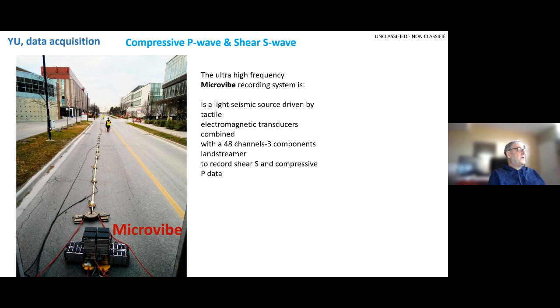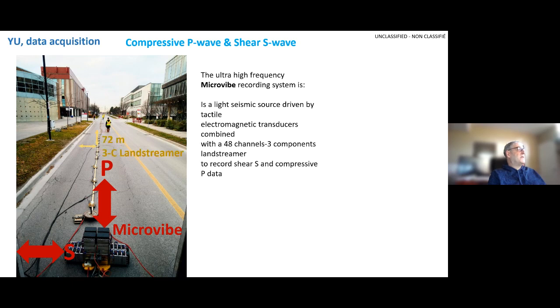So here is the method now with the seismic source and first the P wave, the vertical shaking, and the horizontal shaking in shear wave.